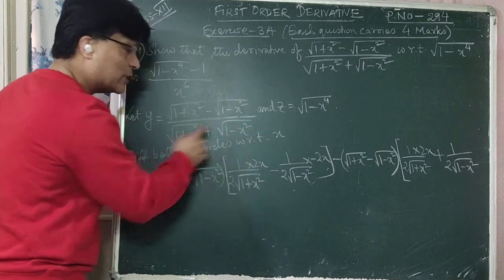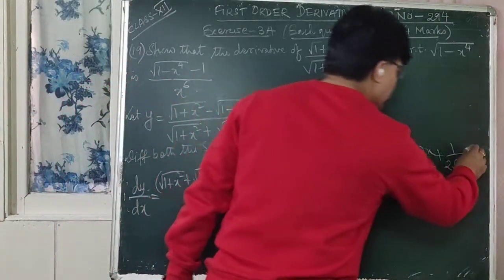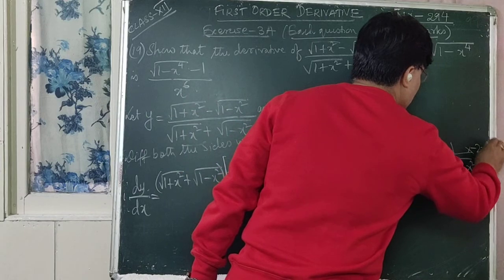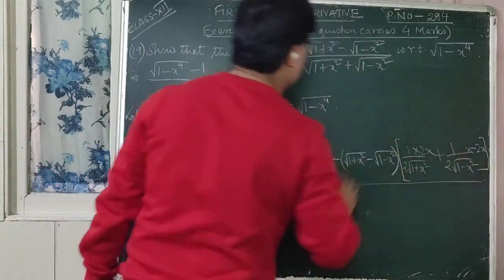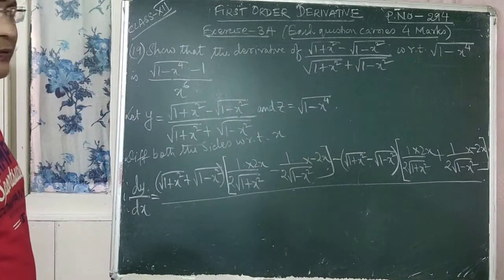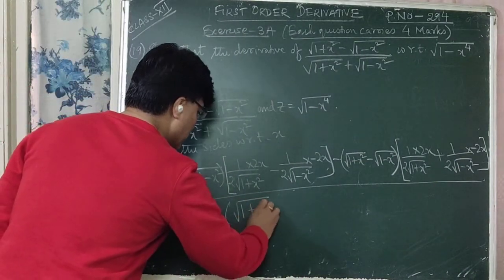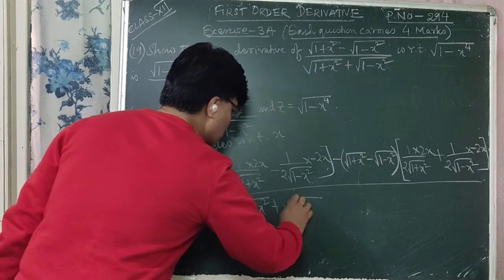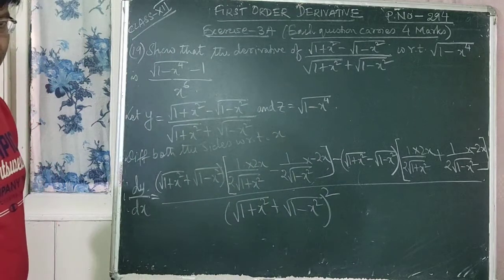So what is the differentiation of 1 minus x square? It is minus 2x into minus 2x. This whole divided by what? Root over 1 plus x square plus root over 1 minus x square whole square.